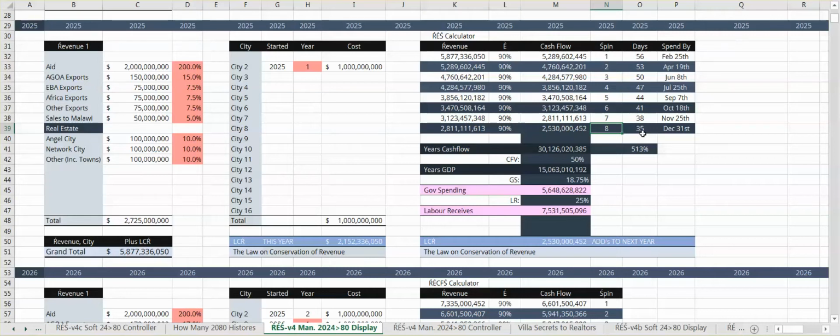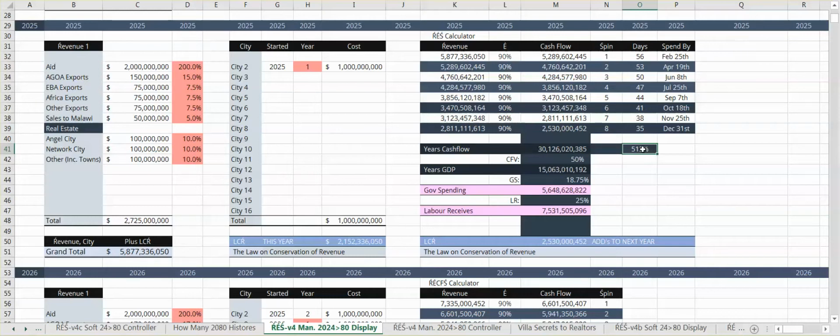This process repeats 8 times. Each process is called a spin, resulting with a 513 increase in cash flow seen at O14, created by the spending and respending of the same money minus e-spillage 8 times within a single year.